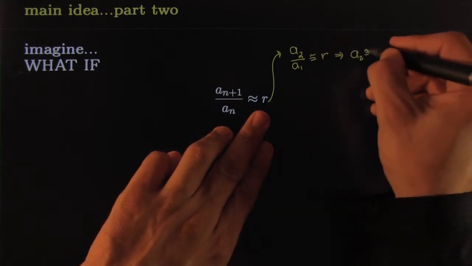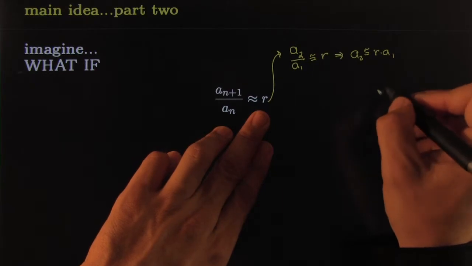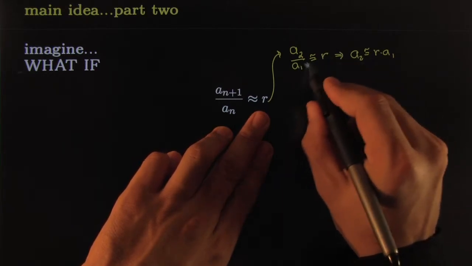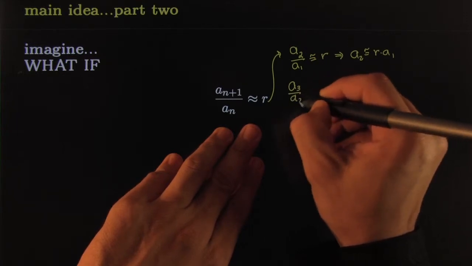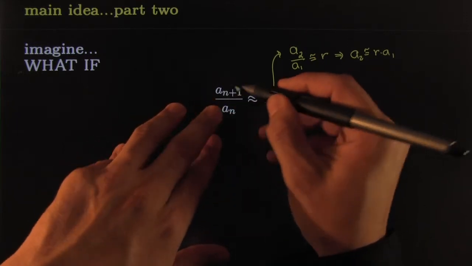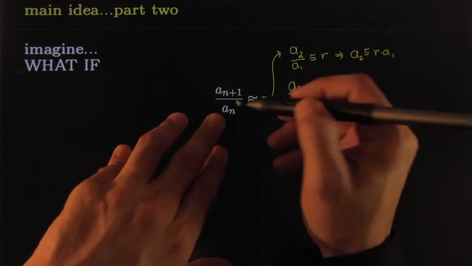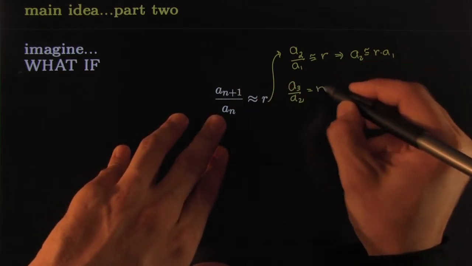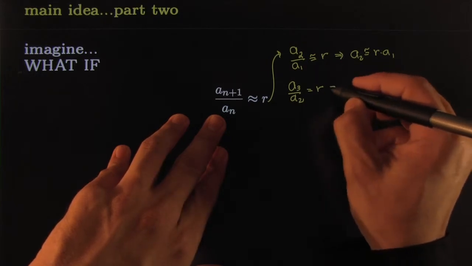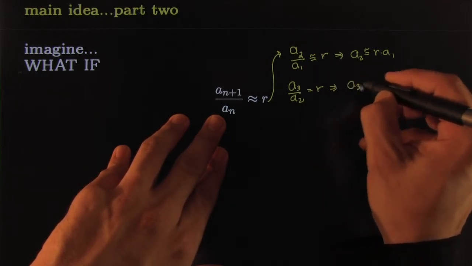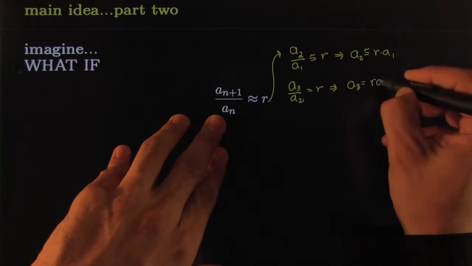All I did is multiply both sides by a1. But wait, there's more. What about a3 divided by a2? According to this recipe, every single time I take consecutive terms and take the ratio like that, I get the same number r. So a3 divided by a2 would still be r. That would tell me that a3 is equal to r times a2.